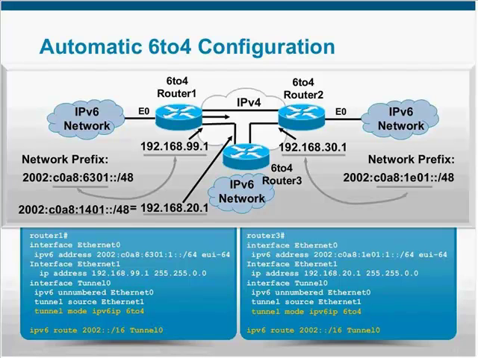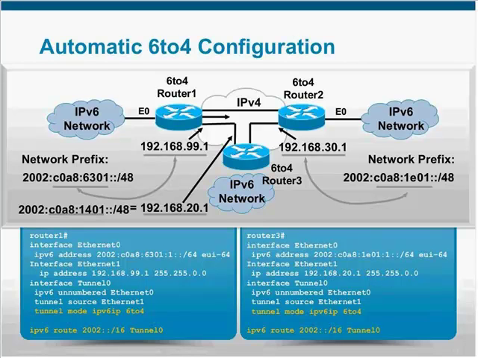Just a reminder that this IPv4 infrastructure that we're showing in the middle can be just a single subnet, or it can be as big as the internet. Now let's jump to the router configuration for automatic 6to4. Router 1 is configured as follows. We have the Ethernet 0 interface, which is facing the IPv6 network.